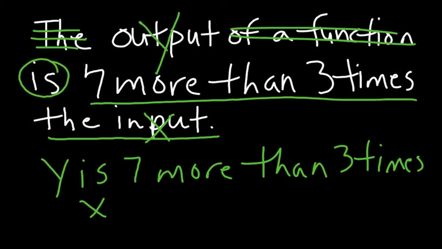Now, how do you write that in math, words to math? Well, that looks like y equals 7 more is plus 7. So put plus 7. And 3 times x is 3x. See? Y equals 7 more than 3 times x.